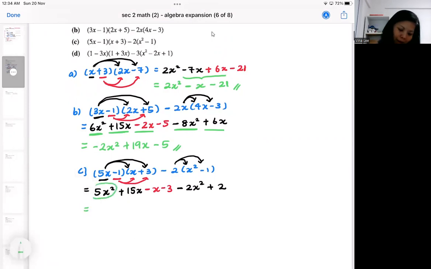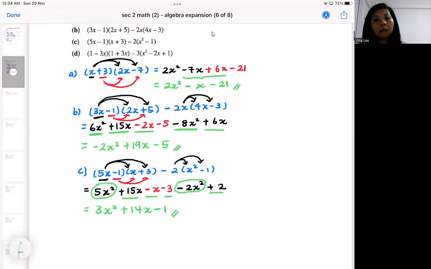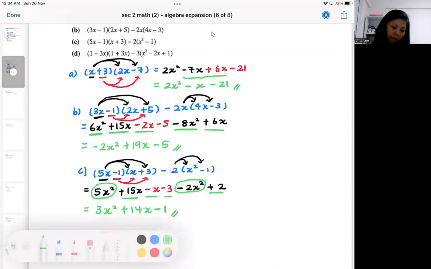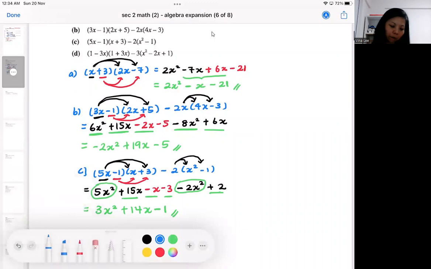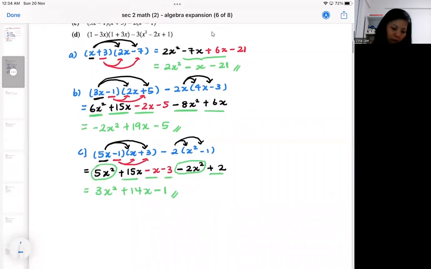Again, you group the highest power first, then you look at the x, then you look at the number. There is a lot of chance for you to make careless mistakes, so you just have to be super mindful. But this one is very simple and you should aim for no careless mistakes. Technically, it's not very difficult; you just have to be very mindful.